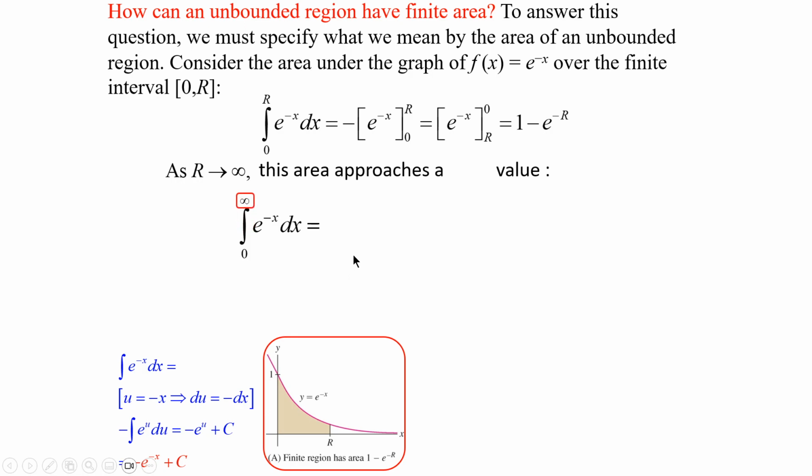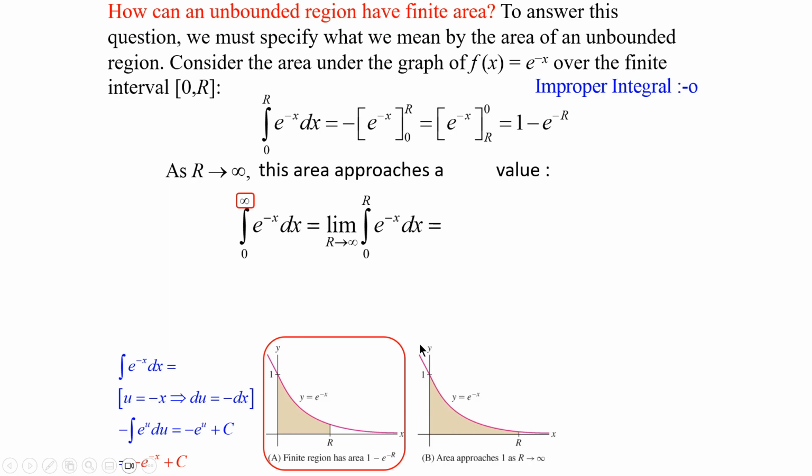It's an improper integral. As soon as you see a bound that's infinity or negative infinity, you know your integral is improper. We're always going to call that bound approaching infinity r, and then all we have to do is take the limit as r approaches infinity. So we're going to find this definite integral and then apply the limit.